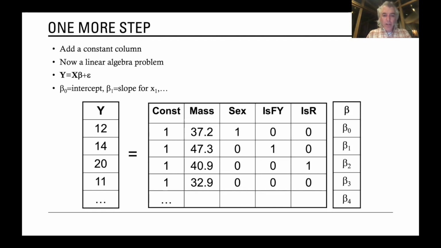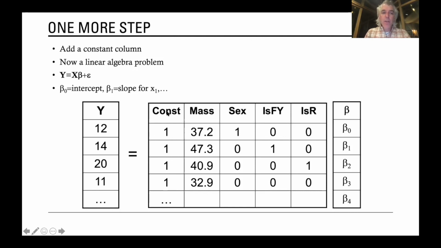So once we've generated this contrast matrix, how do we go about calculating the various parameters that come from our statistical model? Well, the first thing we need to do is to add a constant of 1 to our matrix.